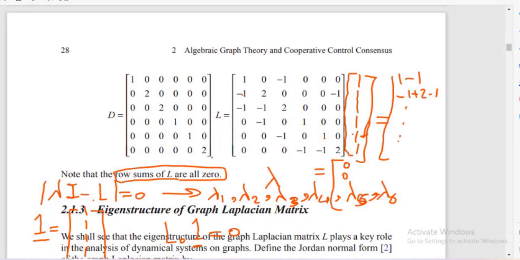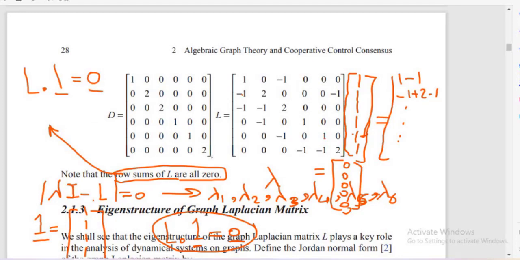This is equal to 0, 0, 0, 0, 0. This means that L multiplied by vector 1 equals vector 0. We should write this note. This note is very important. L multiplied by 1 equals 0.